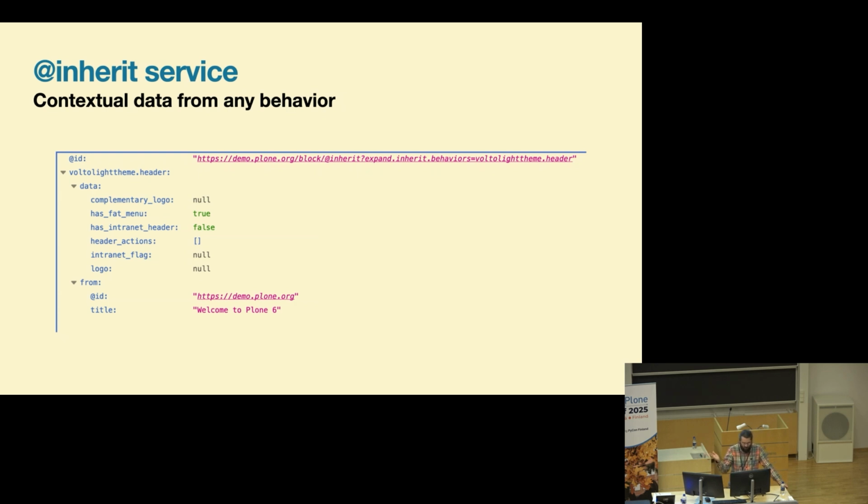Yeah, so one example here, we have this behavior in Volto Light Theme with some settings for the header. But a different example is we've got a feature we were adding to our intranet sites where you can assign a person who's responsible for content, and you can do this at any level of the hierarchy in any folder, and it will be inherited by the other content under that item.